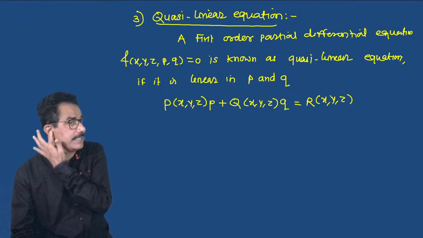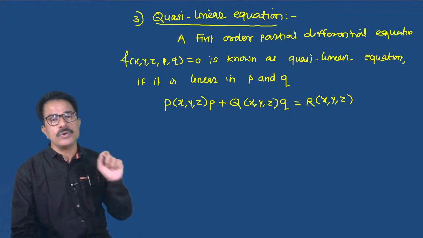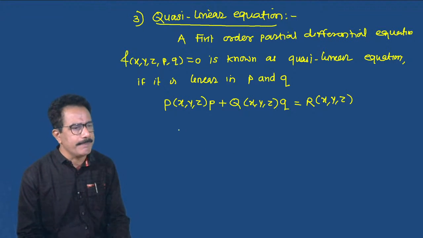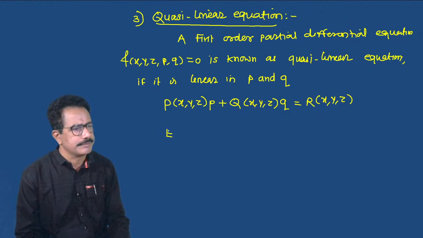But it is essential that it is linear in p and q, but there is no condition about the coefficients of p and q. For example, here we can write, suppose p plus q equals xy.